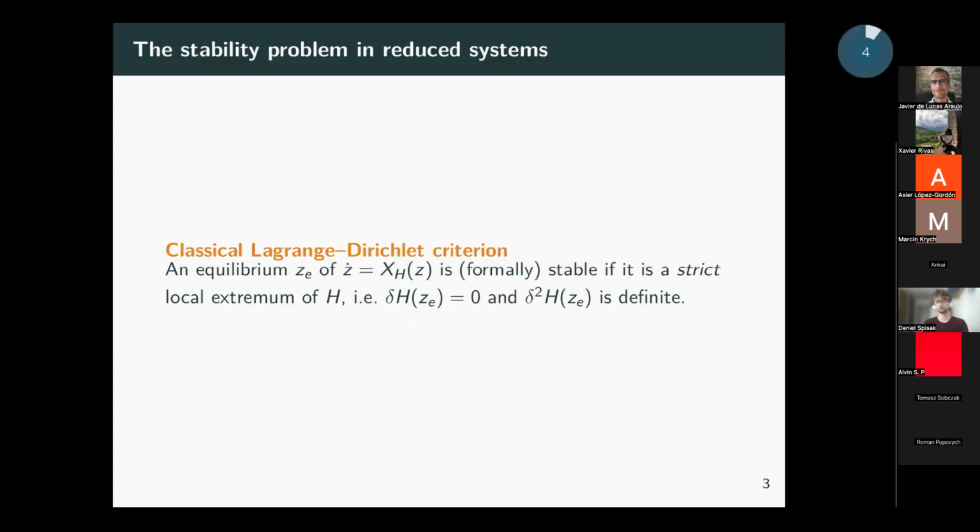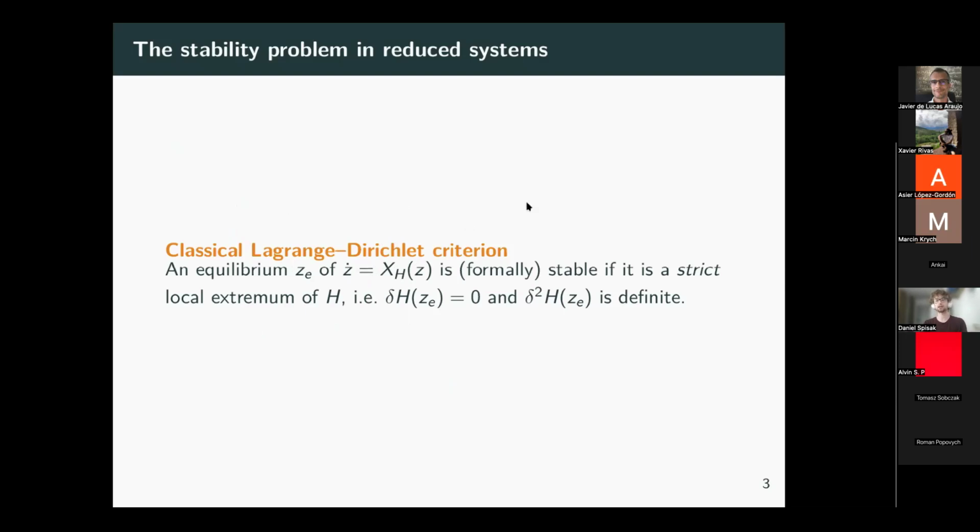So what is the Energy-Casimir method and how did it come to be? The fundamental problem we are going to discuss today is the stability of Hamiltonian systems. Consider a Hamiltonian system with an equilibrium, given by this expression.